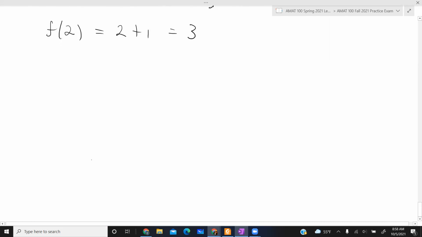Now let's plot this function, or at least get a rough sketch of it. 1 is where the behavior of the function is going to change.